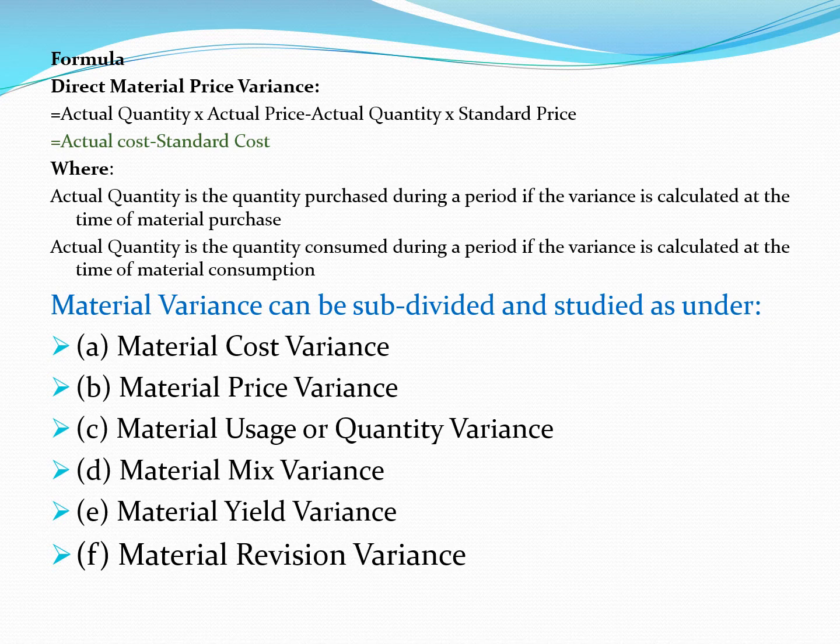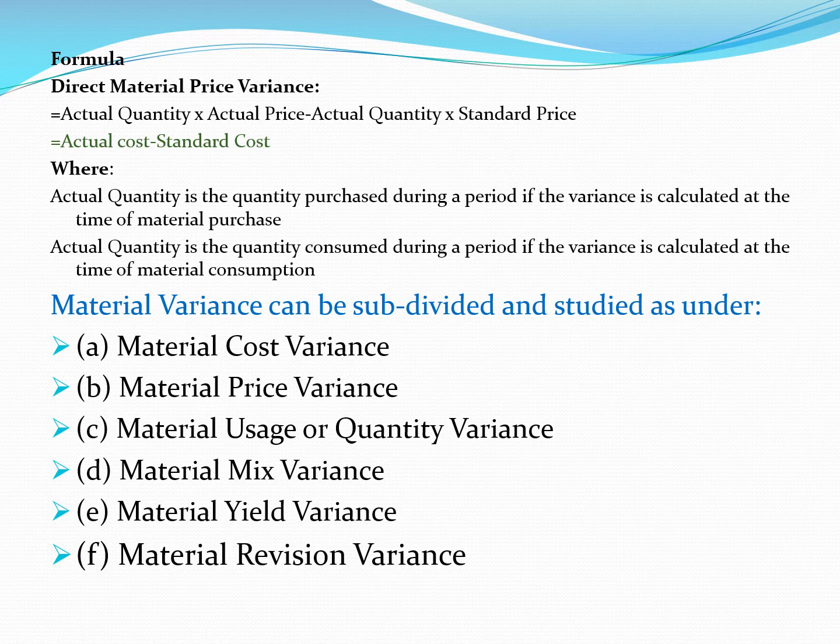Or it can also be said as actual cost minus standard cost, where actual quantity is the quantity purchased during a period if the variance is calculated at the time of material purchase. Actual quantity is the quantity consumed during the period if the variance is calculated at the time of material consumption.